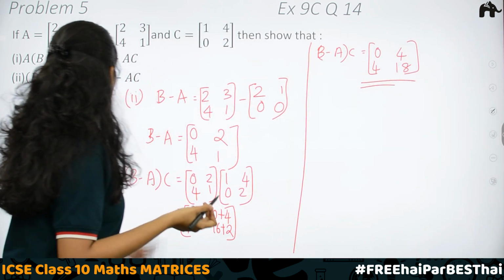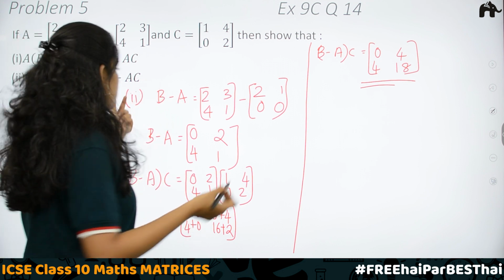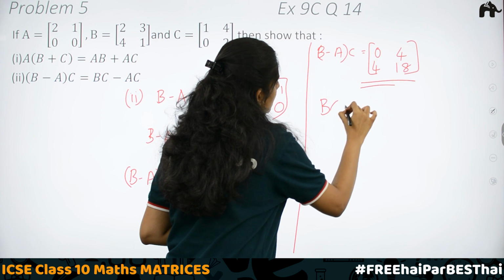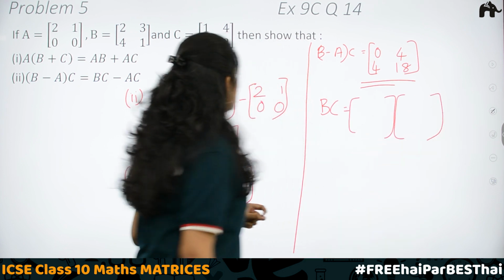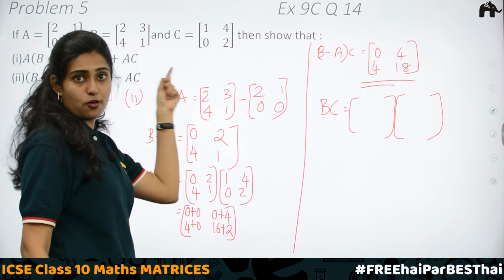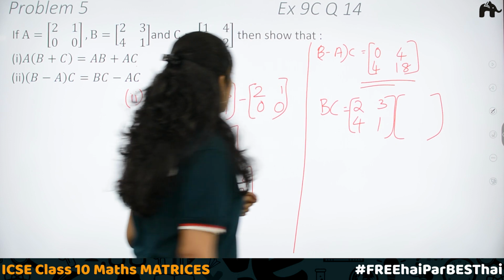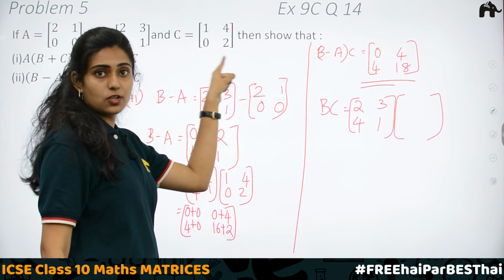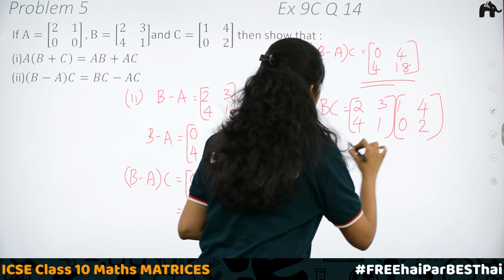Next we have to find BC minus AC. First let us find BC. BC is equal to matrix B into matrix C. What is matrix B? 2, 3, 4, 1. Matrix C: 1, 4, 0, 2.